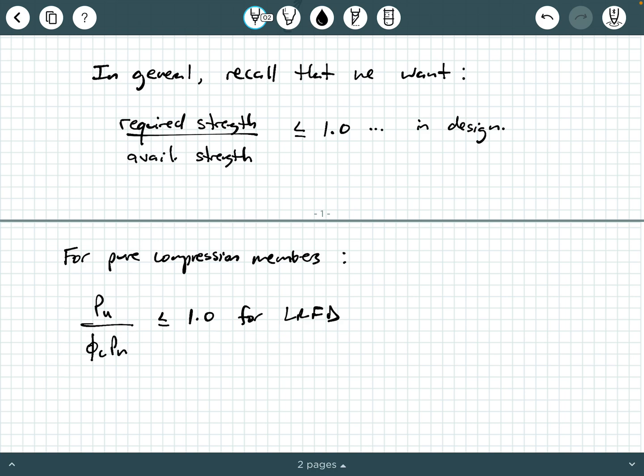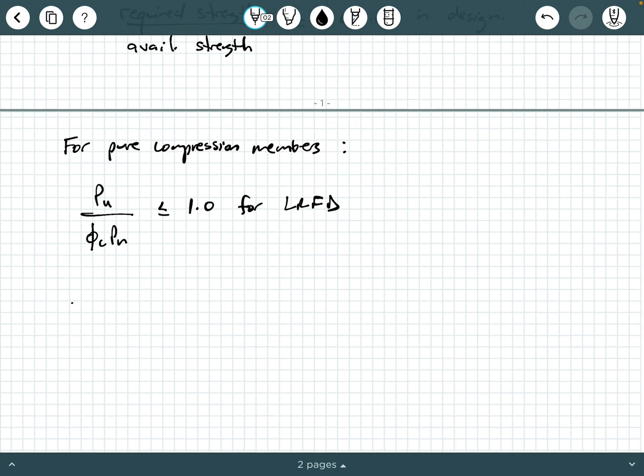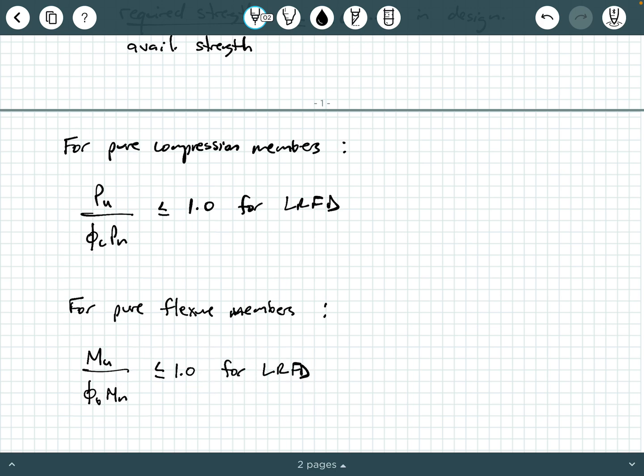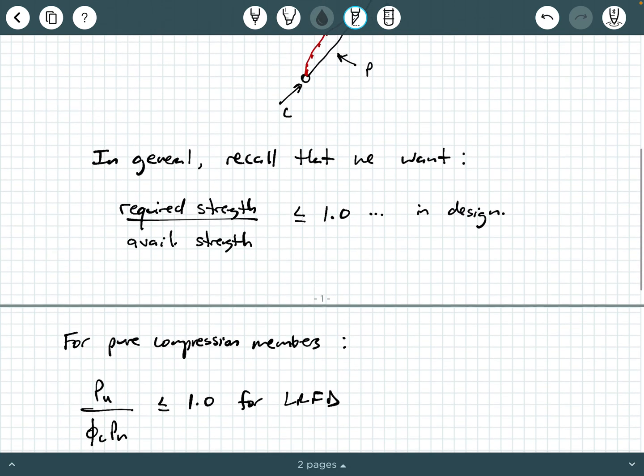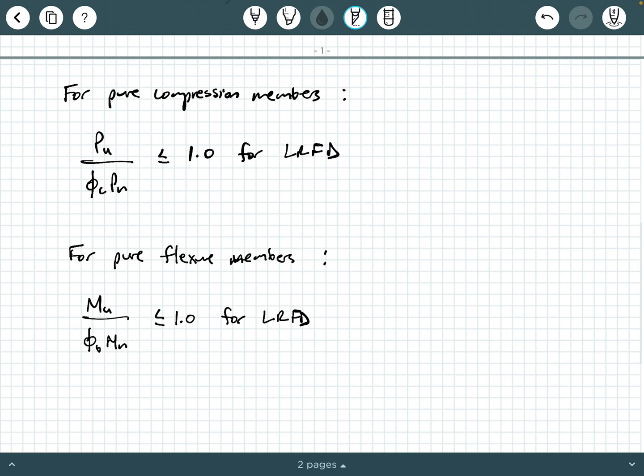Similarly, for pure flexure members, we've dealt with Mu over phi B Mn being less than or equal to 1.0 for LRFD. These two inequalities are more specific versions of this required strength over available strength.